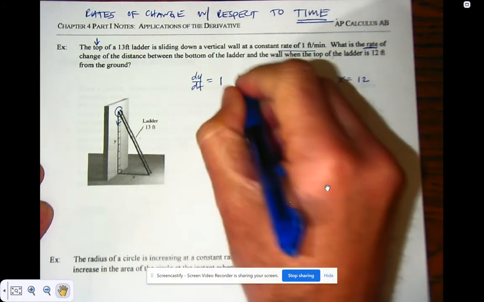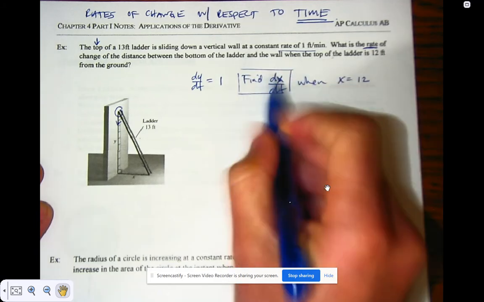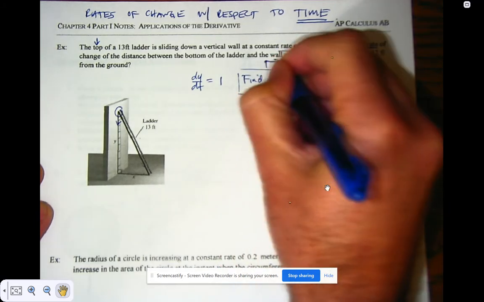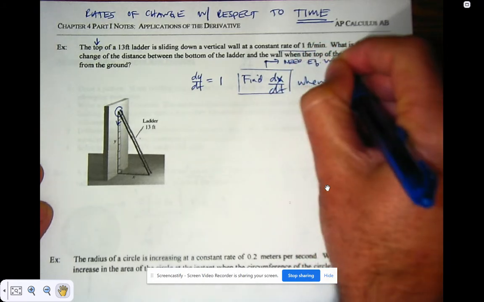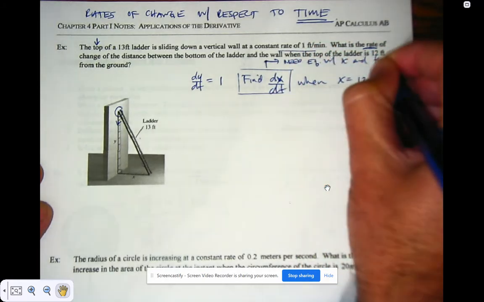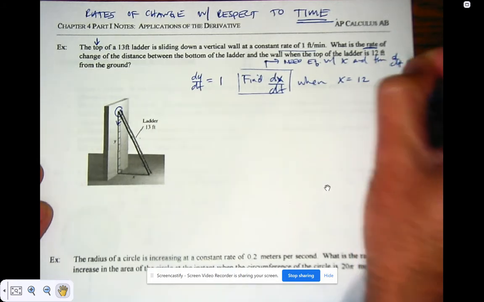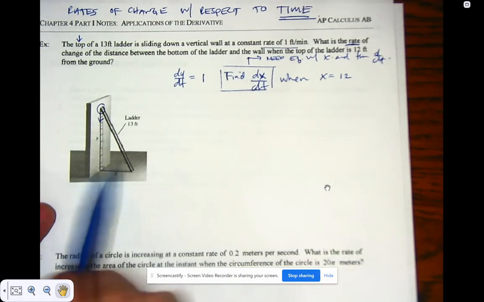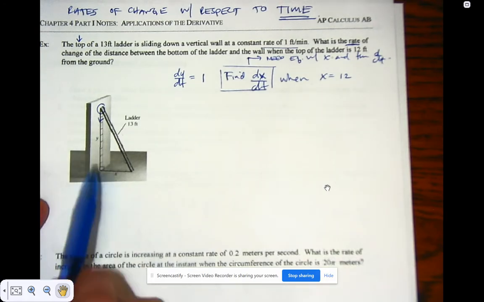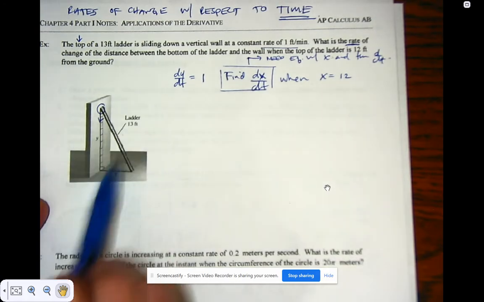Well, this is where you start. When you write down what you're trying to find, you need an equation with x, and then d/dt it. Okay, that's our strategy. So once again, we have a triangle. Okay, your equation is going to be the Pythagorean theorem.